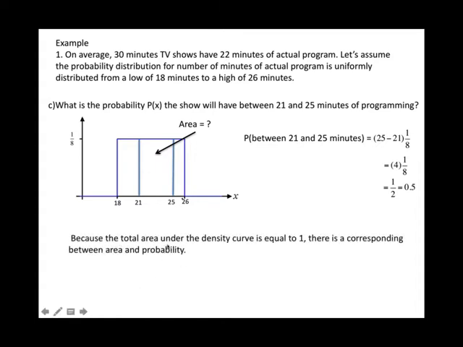The total area under the density curve is equal to 1, and there is a correspondence between area and probability. So area has to be equal to probability. Every time they want to find probability, they are looking for the area.